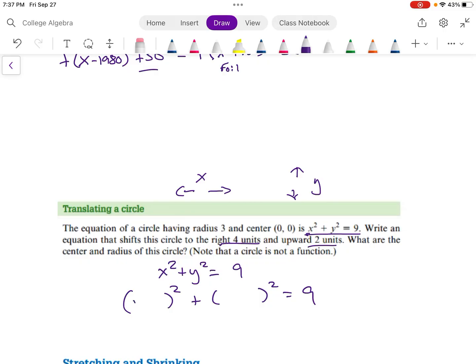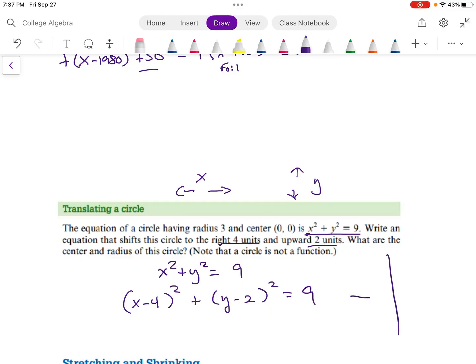Since it says it wants to go to the right 4, that means we do an x minus 4. Since they tell me I want to go up 2, then I have to do a y minus 2. And that way it works out the way we're going. Anytime we're putting the stuff into a parentheses squared, we're doing the opposite here.